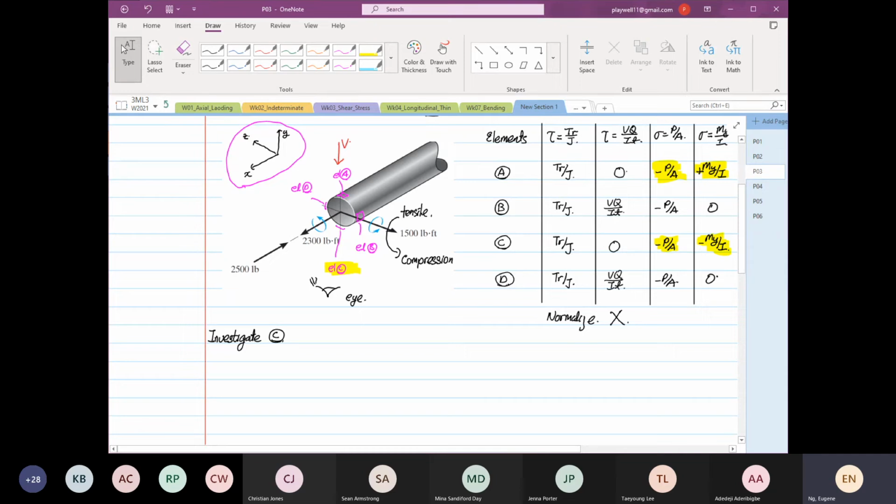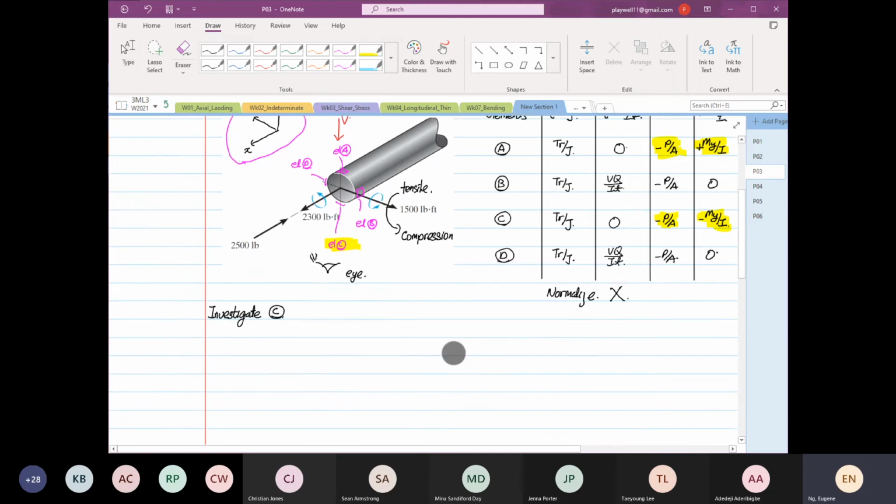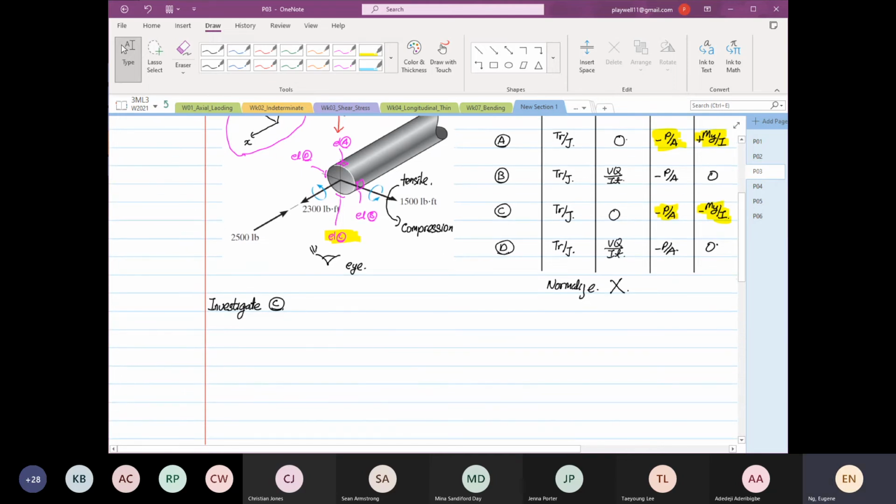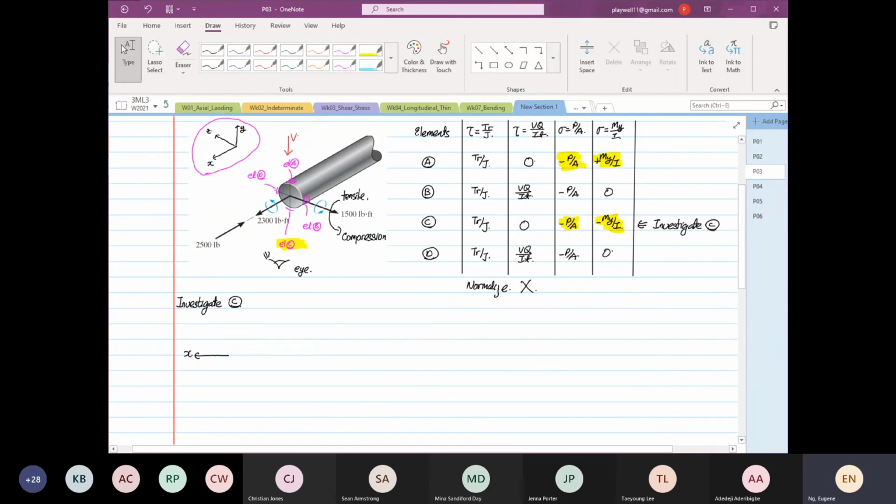Right. So now I'm looking at element C in a position where I have to be underneath. When that's the case, this is my point X still, and this is point Z. So when I look at the shaft now, it looks like this.